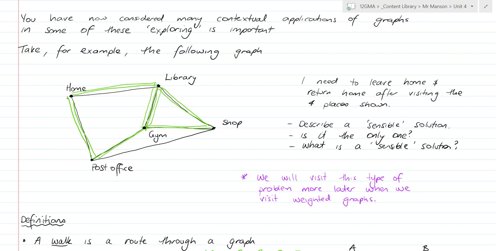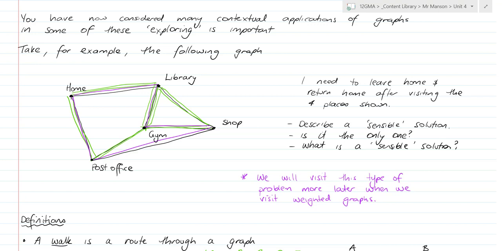It's not really a sensible solution because instead of following this path, going home, library, gym, shop, post office, and home, which takes in each of the 5 vertices without retracing a path, I've chosen for some reason instead to go home, library, gym, shop, and then back to the library, and then gym and post office and home.